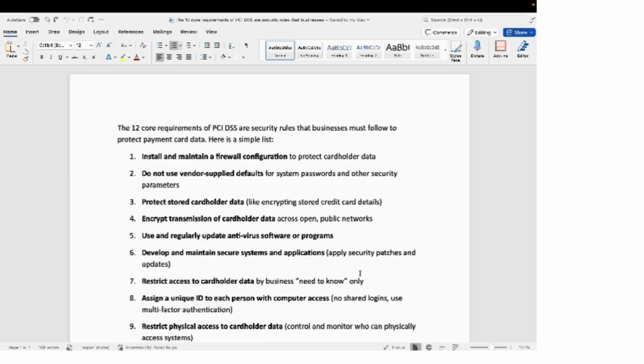Suppose 3 persons are using the same system with the same ID and password. So if there is some error, mistake or theft, you cannot audit who has done it. For this reason you have a different login for each person. You cannot share the same login among all.